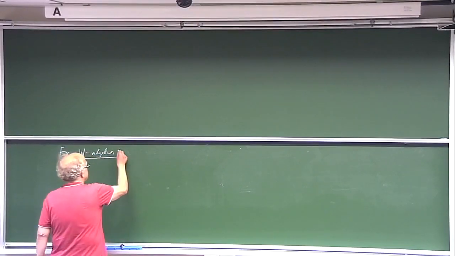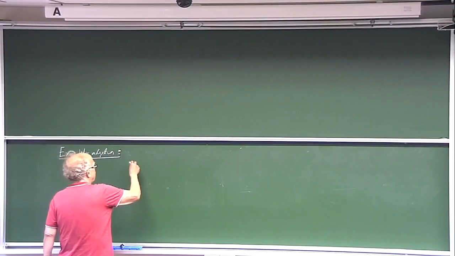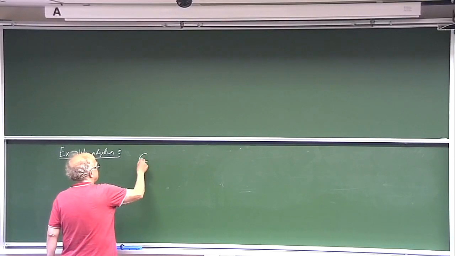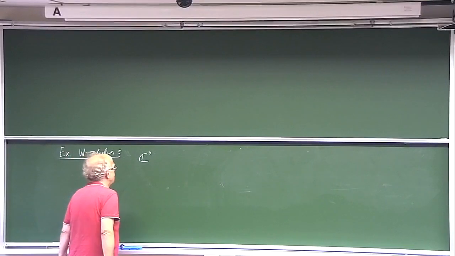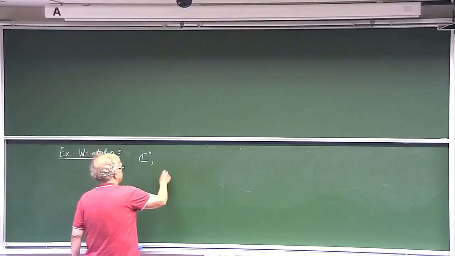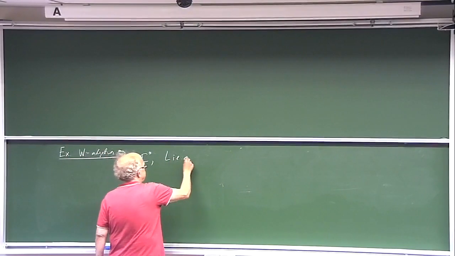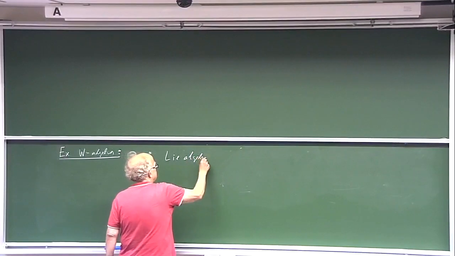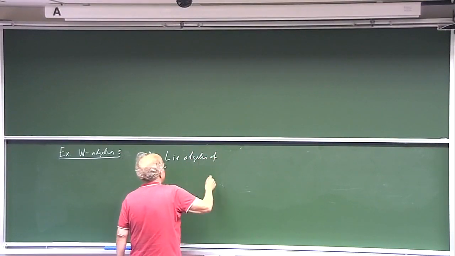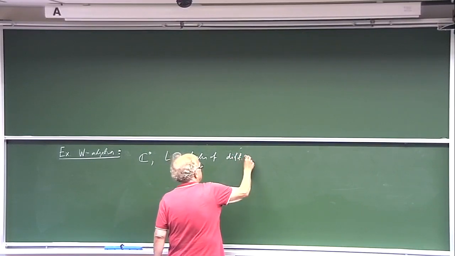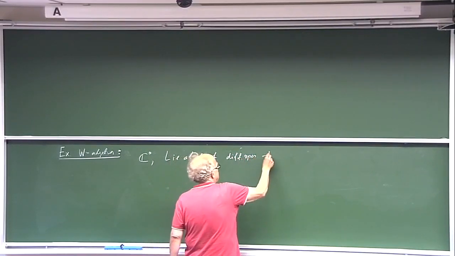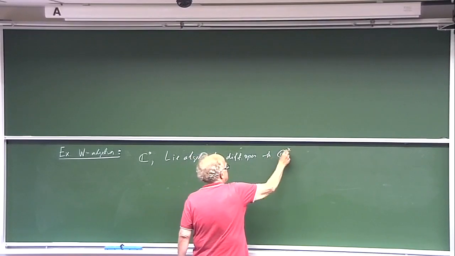First, let us take C star and let us consider the Lie algebra of differential operators on C star.